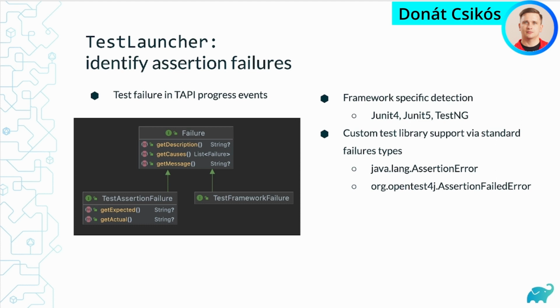The detection is implemented for each supported test framework, JUnit 4, JUnit 5, and TestNG. Also, custom libraries are supported via standard failure types. So, for example, when Gradle sees a test throwing a custom exception that is a subclass of OpenTest4j AssertionFailedError, then the IDE receives an event object with a test assertion failure instance.